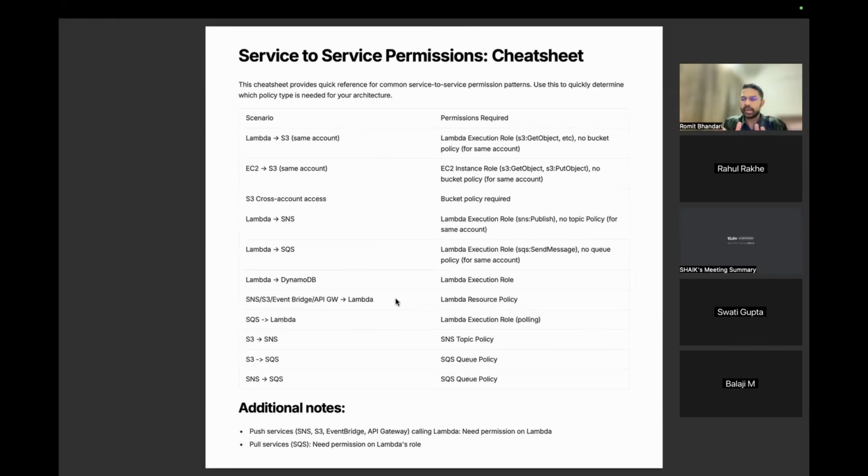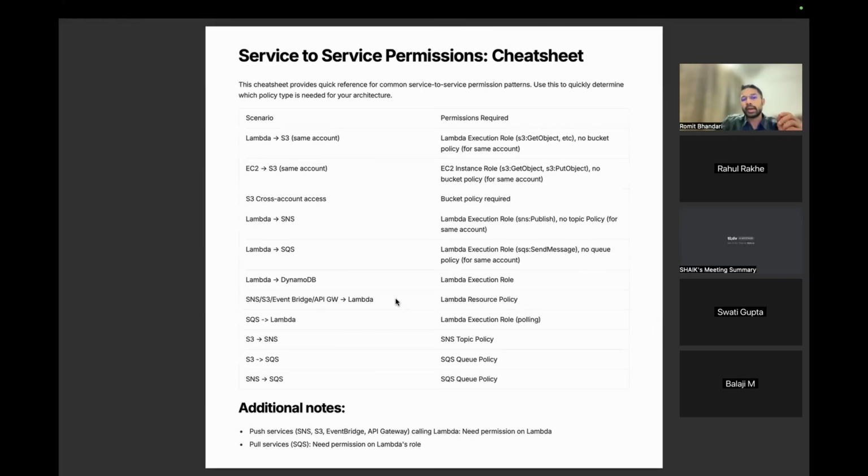Generally SNS works in that way, where you have different topics and then different consumers subscribing to that topic. So here Lambda is trying to push to a particular SNS topic, and for that to happen, Lambda's execution role needs to have that permission, providing a publish to SNS, which can then be subscribed by other consumers.